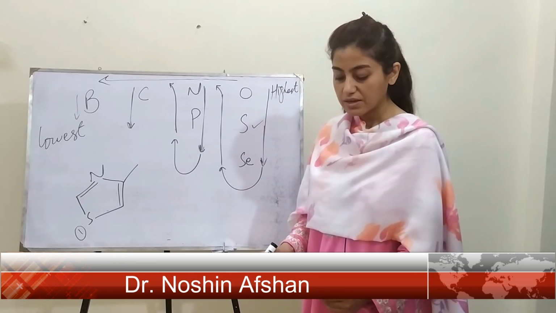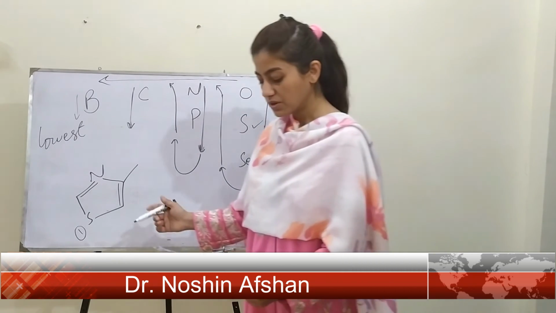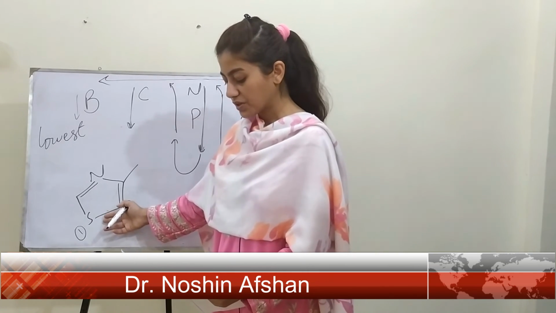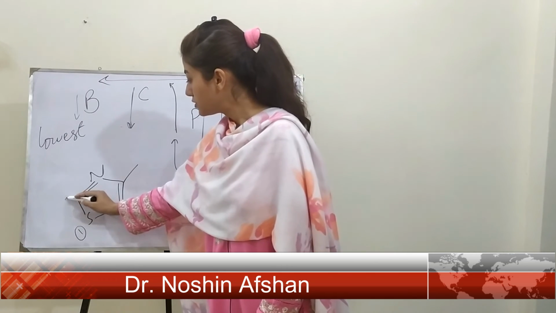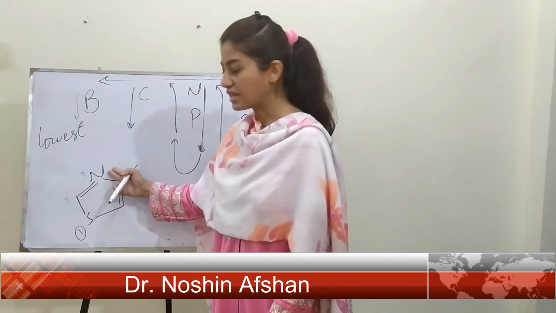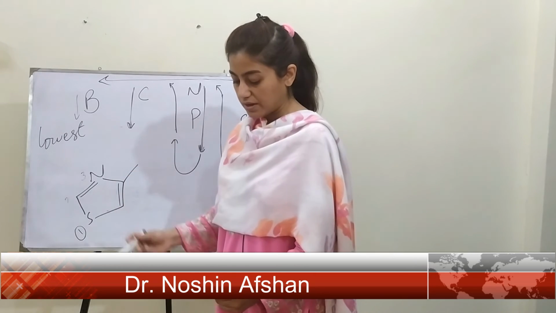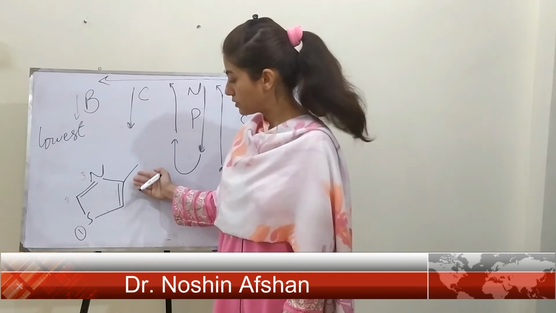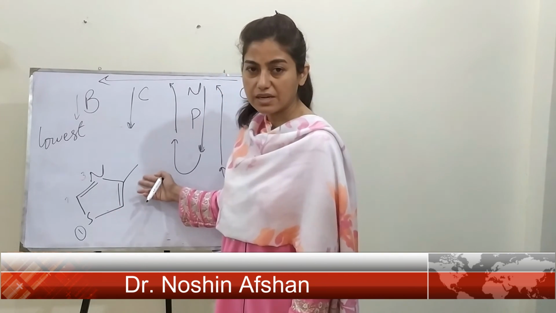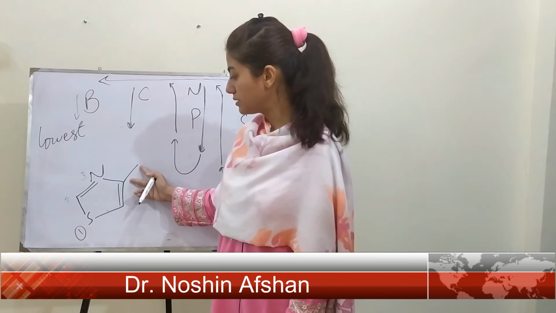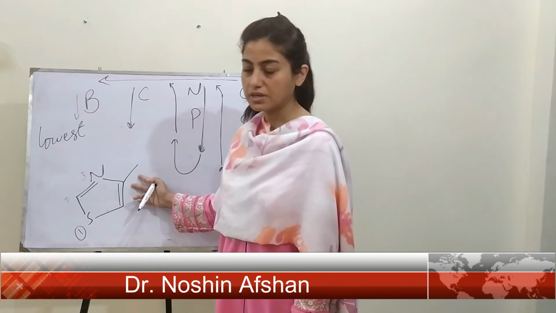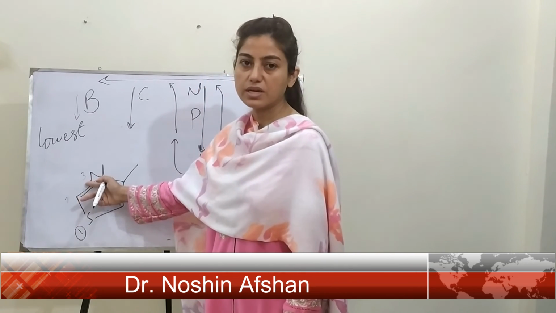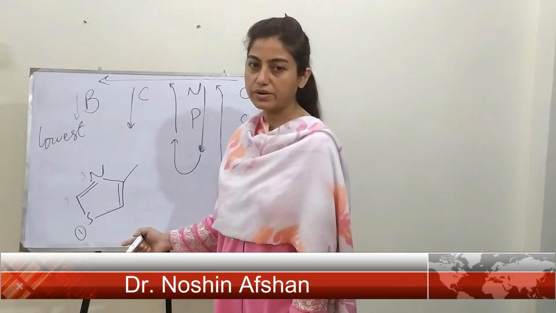So as the rule is, the ring is numbered from the atom of preference in such a way so as to give the smallest possible number to the other heteroatom, that is nitrogen in this case, and the position of this substituent would be ignored because we cannot move along this direction, that is closer to this substituent, but we will move towards that direction that is closer to the other heteroatom in the ring based on the priority order.